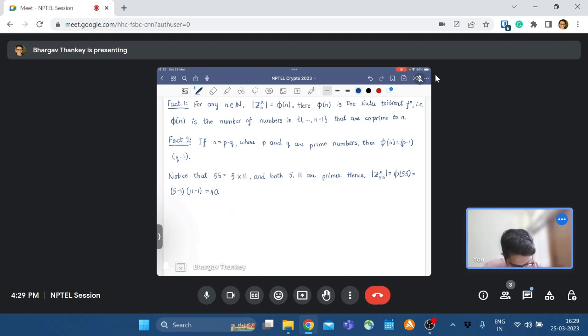Now, we also know this fact: G to the size of G is the identity.